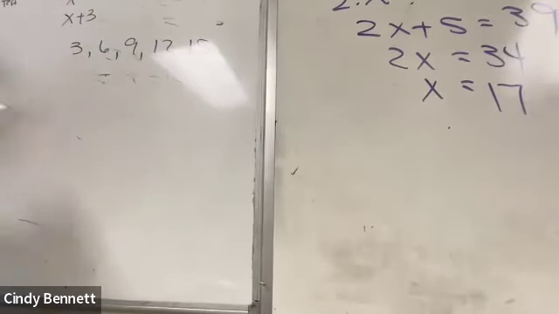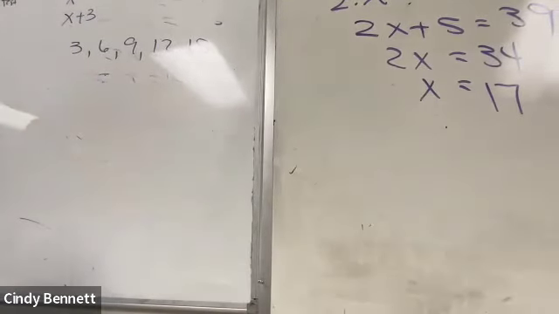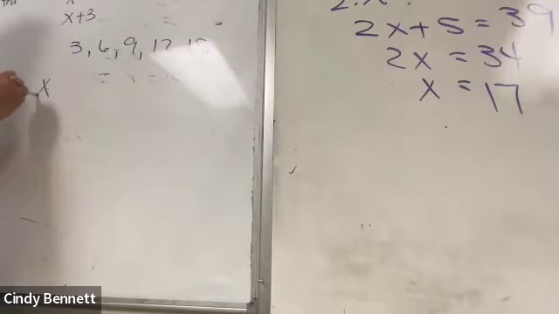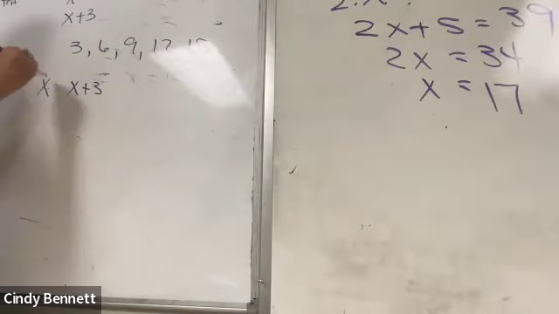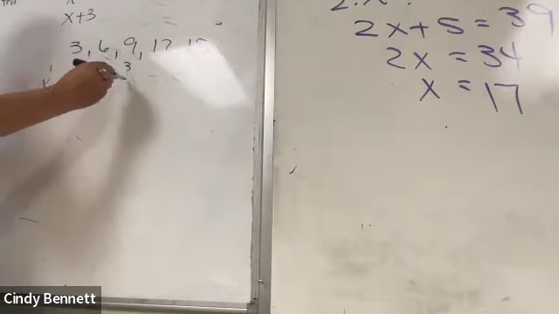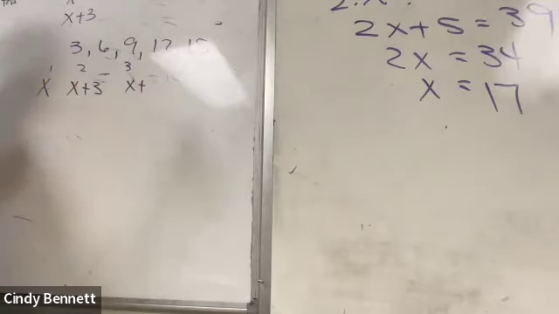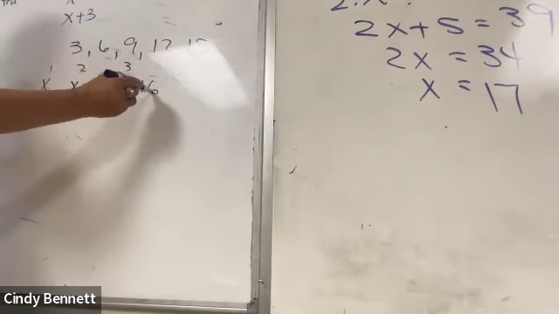And then it says the 4 consecutive. I start out with x, the next number is going to be x plus 3. That would be the second consecutive. Third consecutive would be x plus 6.